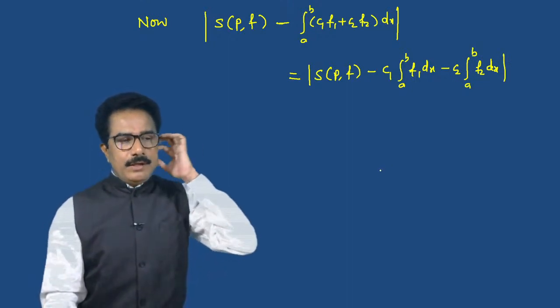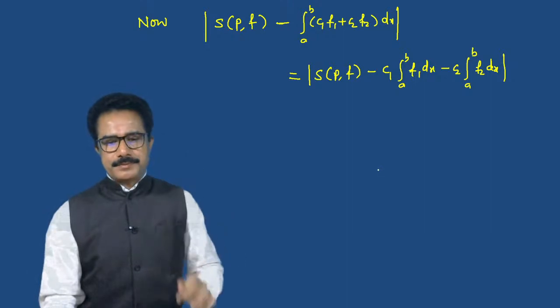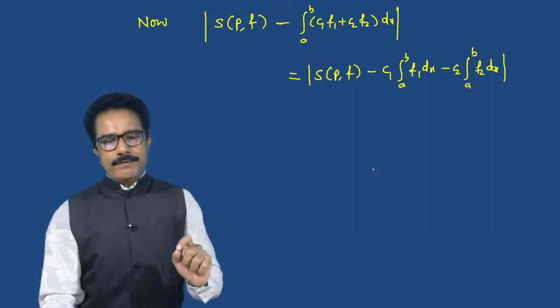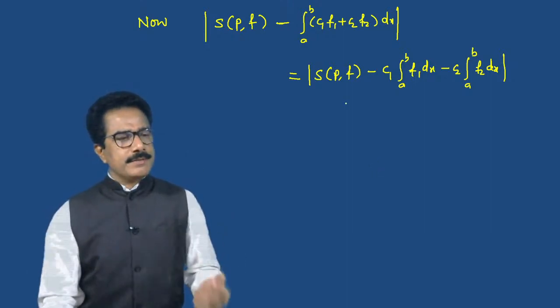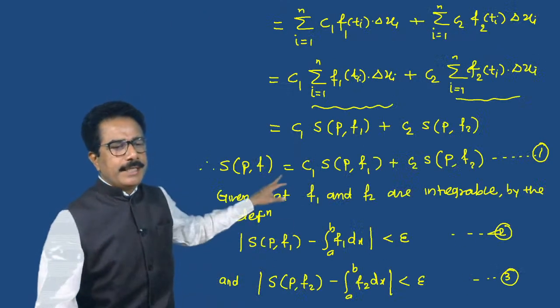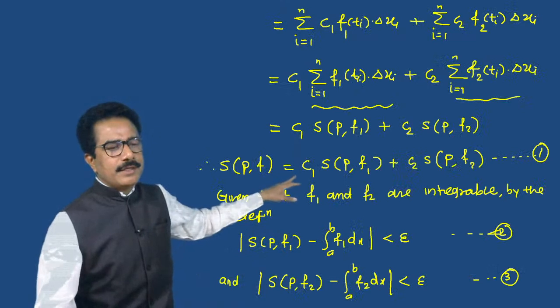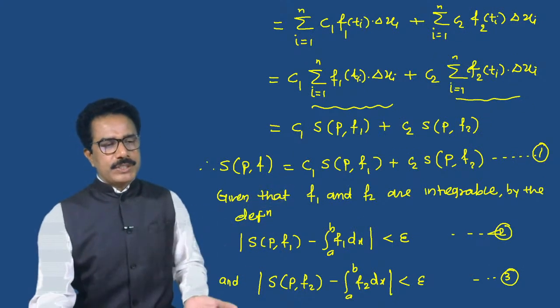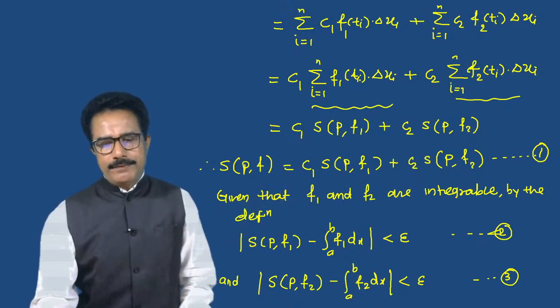But we can say this, c1 integral from a to b f dx, हा जो S of P comma f आहे पहा, S of P comma f can be written as c1 S of P comma f1 plus c2 S of P comma f2.